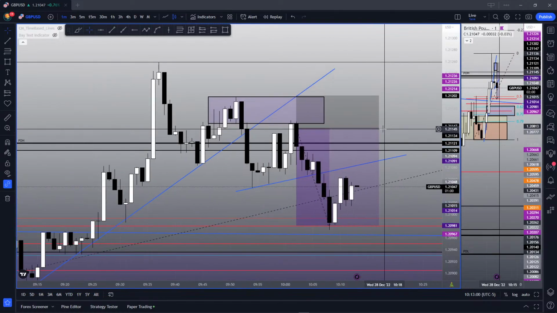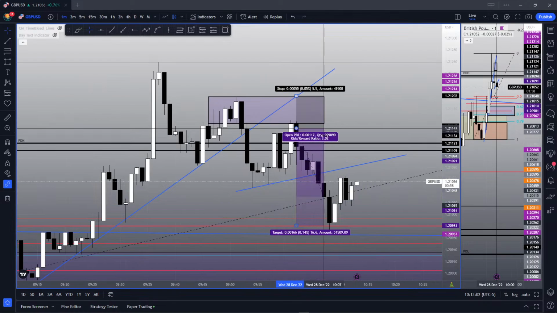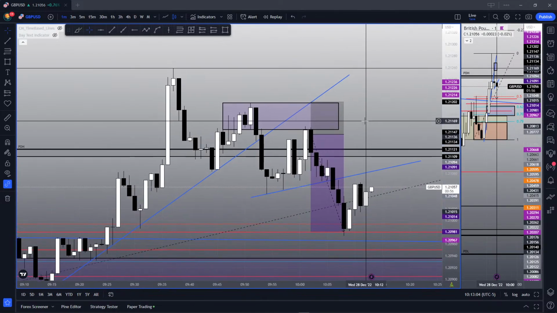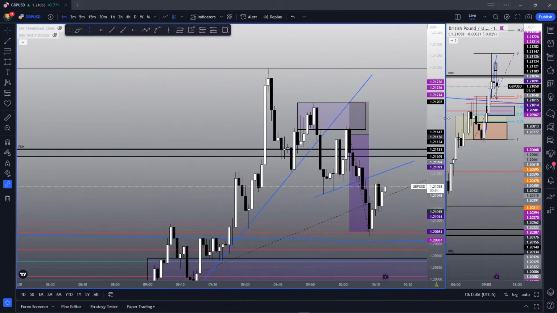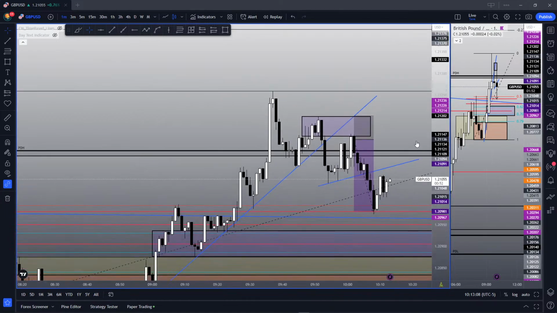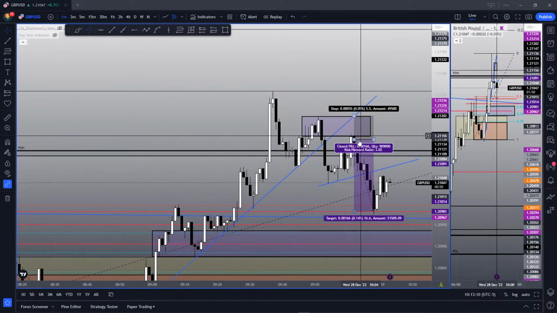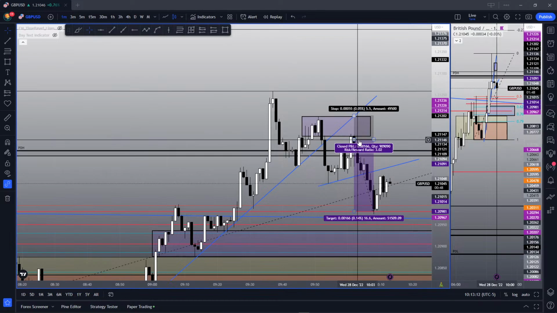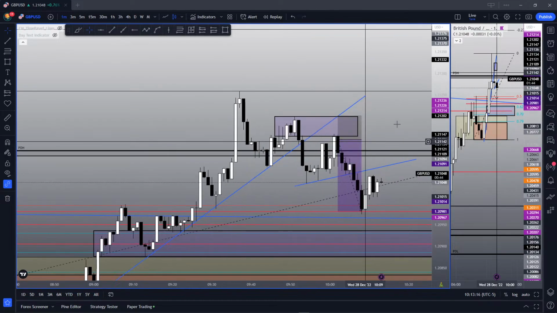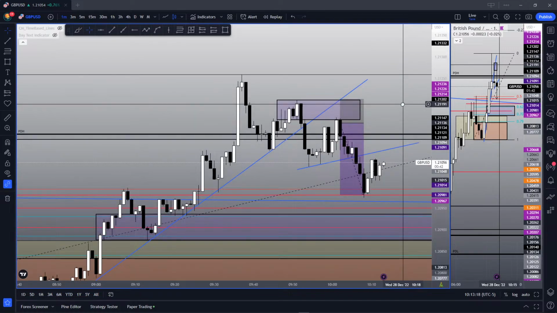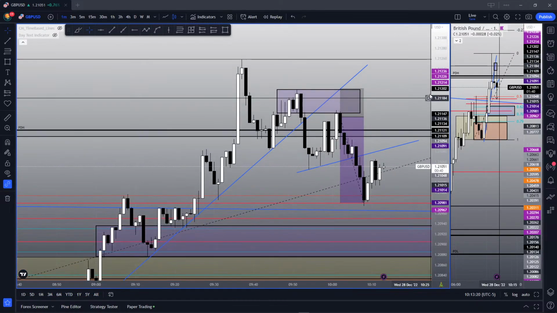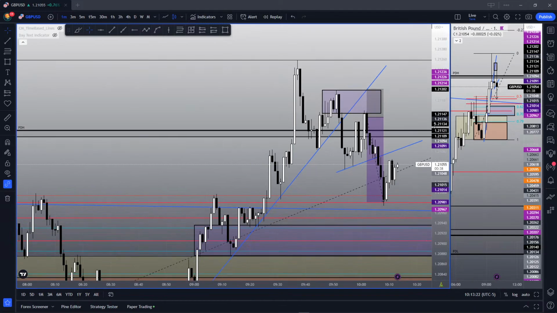I'll say around there should be fine. Just wait for the first candle to close anyways. But yeah, I need more backtesting on these kinds of setups to maintain that level. You see how it maintained the level well, and that's what signs need to be presented for me to enter the trade.